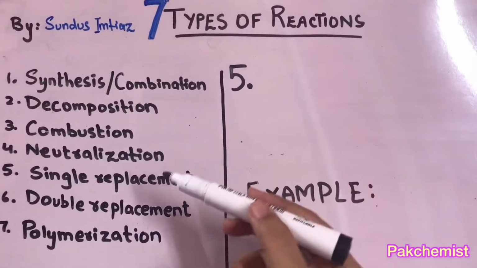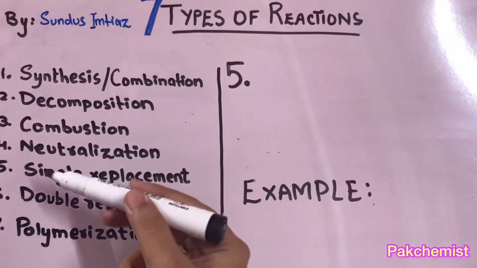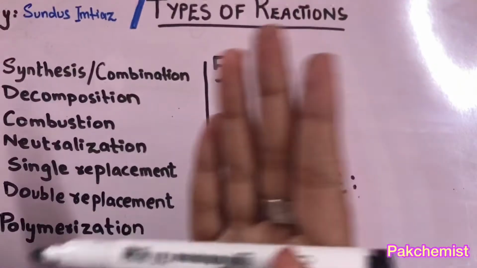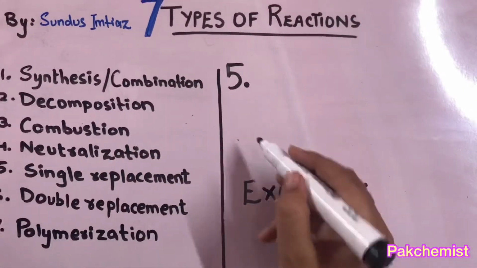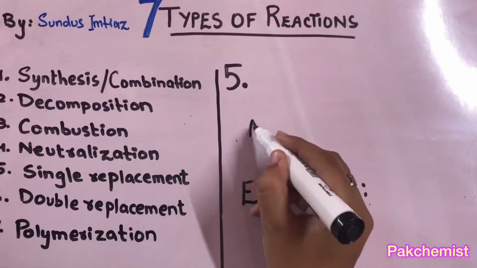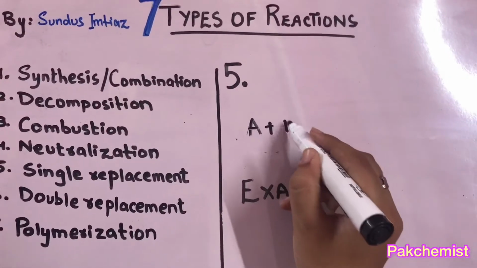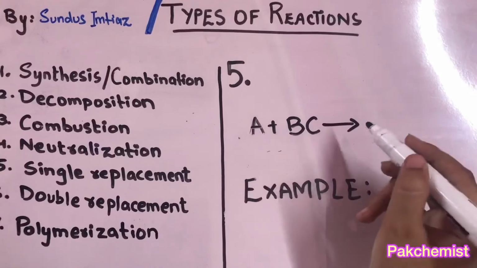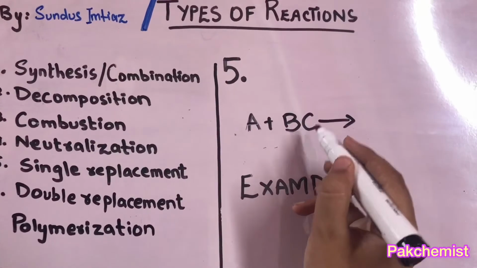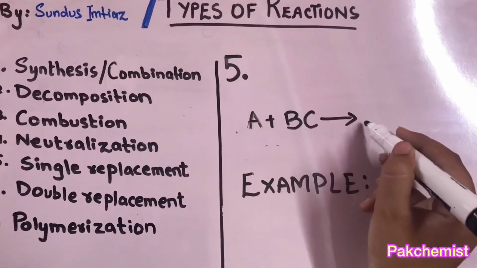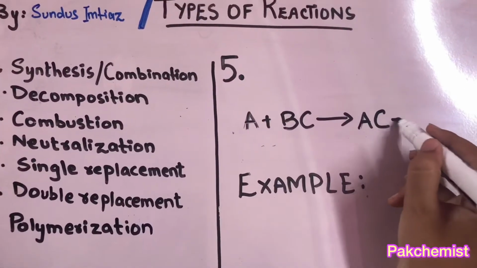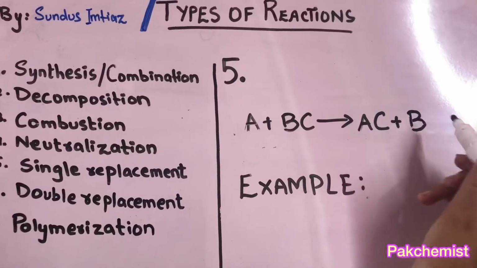The fifth one is a single replacement reaction. The word single means only one atom will replace or will switch its position. For example, we take A plus BC, and after the reaction, you will see that this C will switch its place and becomes AC, plus B will be the byproduct.